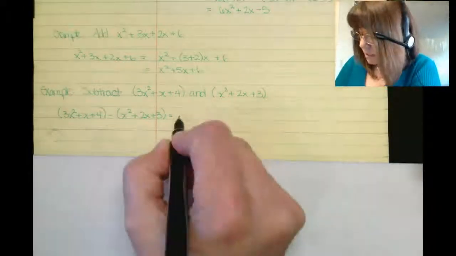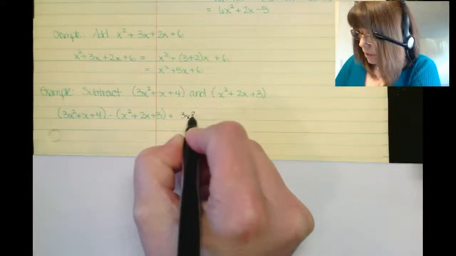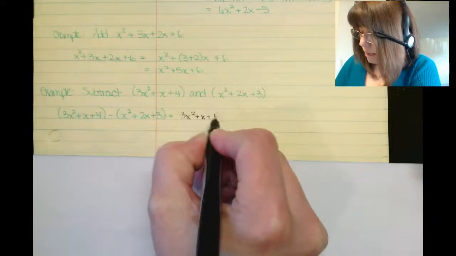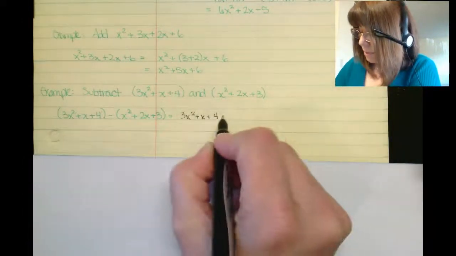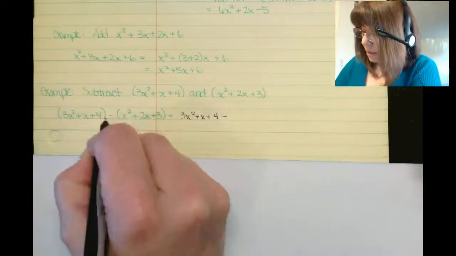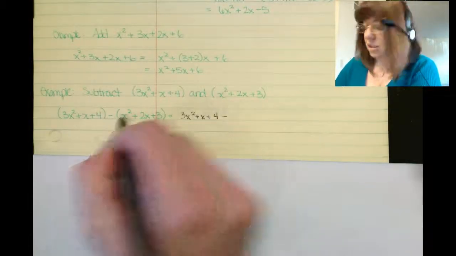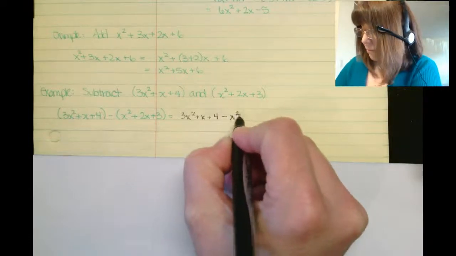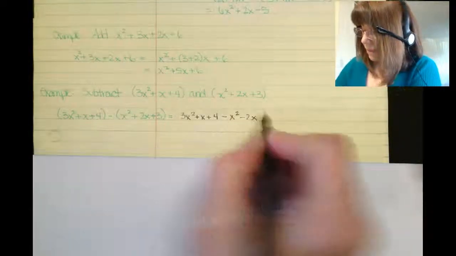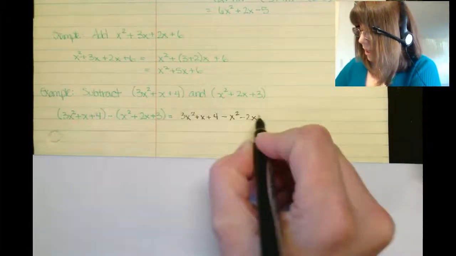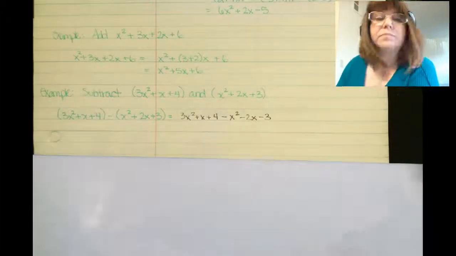So this becomes 3x squared plus x plus 4, that's my first polynomial, minus x squared, negative 2x, negative 3. The negative times x squared is negative x squared. The negative times 2x is negative 2x. The negative times 3 is negative 3.